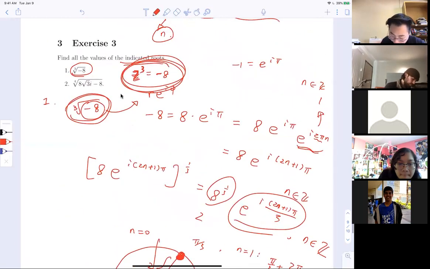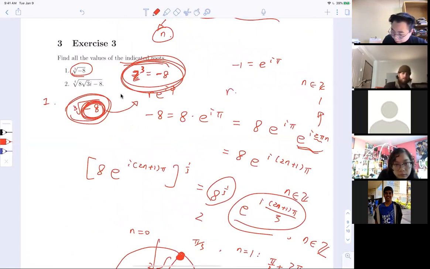But the general approach is that you write the number under the root in this R e to the i phi form, and then you add 2 pi n to this phi, because exponential of 2 pi n is always 1, so it doesn't matter.